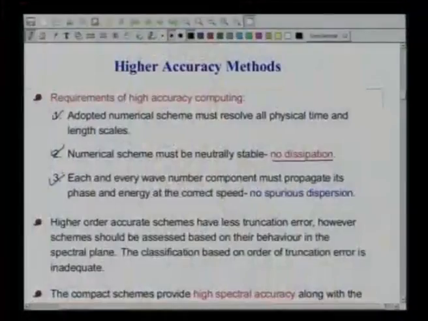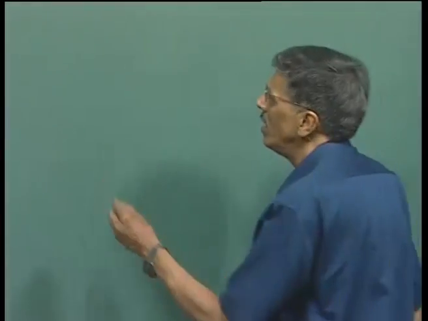It has become quite commonplace for anyone and everyone to look at the property of the numerical scheme in the physical space, and then people talk about the order of the discretization, and it is hoped that the higher the order of the discretization, the lower will be the error. However, this is somewhat misleading, because the error of course behaves like this.